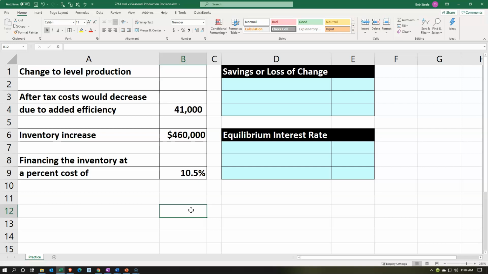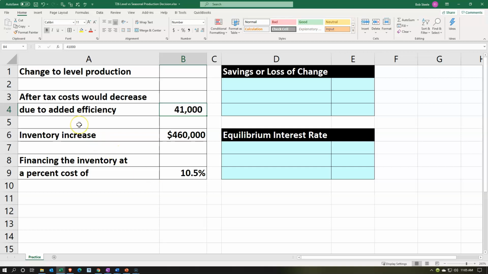We're just going to produce evenly through the year, even though we have uneven sales that we expect throughout the year. Obviously, the downside is the added cost of carrying inventory for those months where production is lower in the seasonal trend. So let's think about what would happen if we move from seasonal production to level production.